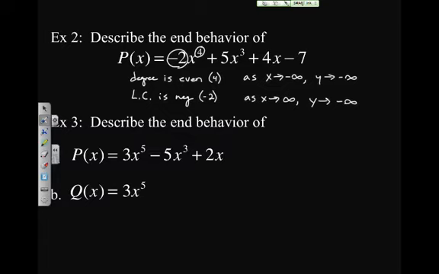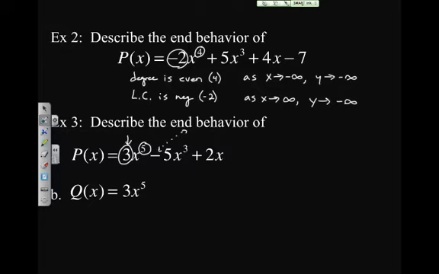So for example 3, again we look at two things. Our degree is odd, our leading coefficient is positive. Now when the degree is odd, the left and right sides are going to be going opposite directions. One will go up and one will go down. When the leading coefficient here is positive, the way I think about this is like a line with a positive slope.